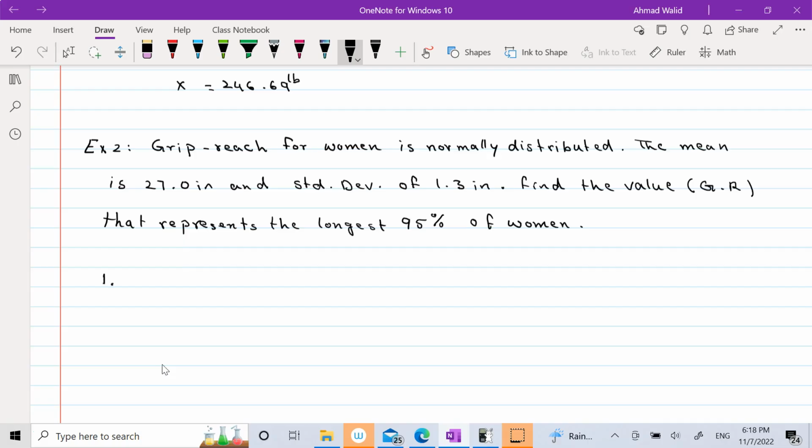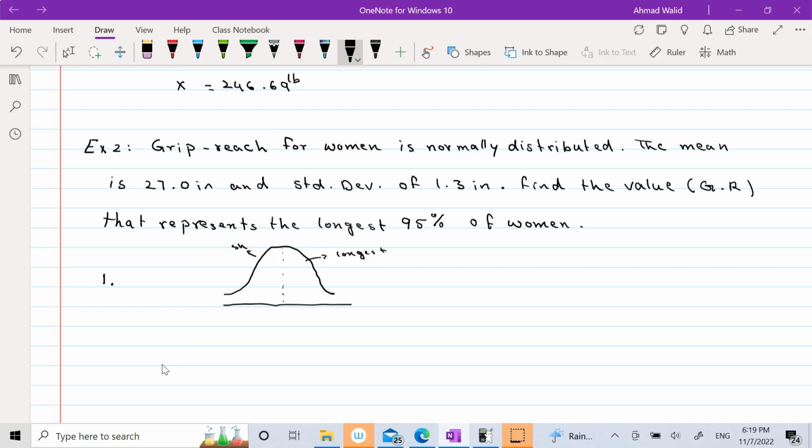Step number 1, you have to draw the picture. Again, draw a standard normal distribution. Of course, the middle line I always draw with a dash line. It shows 50-50 two sides, correct? In this problem, this side is the longest. Of course, this side will be the short, correct? Now, 95% of longest.